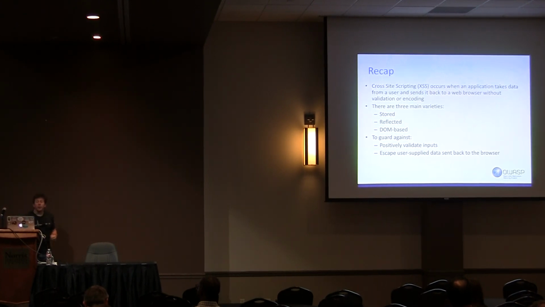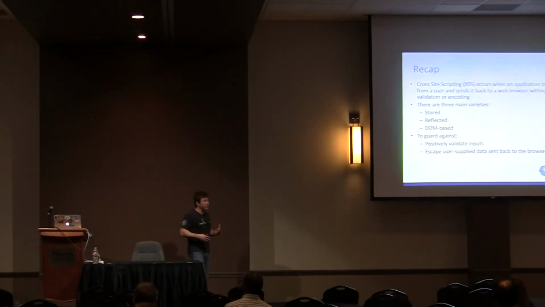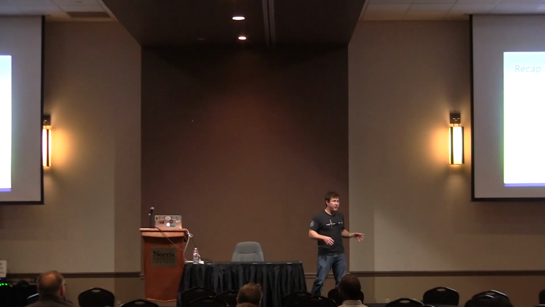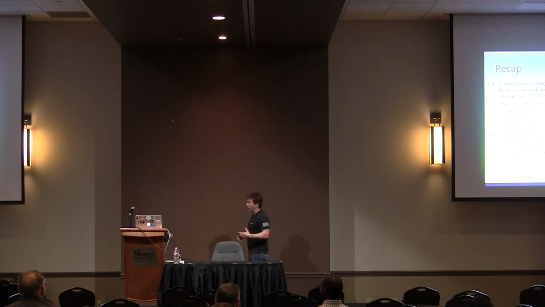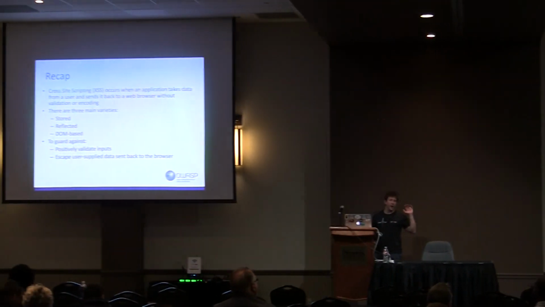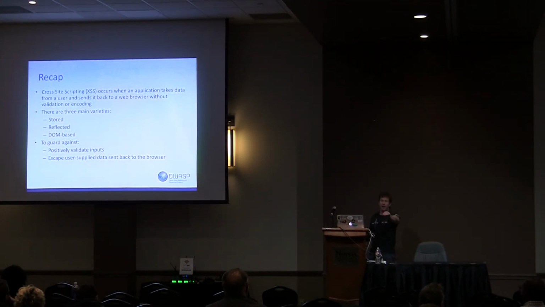Okay, so to recap, cross-site scripting occurs when an application takes data from a user, in this case a malicious user, and in some circumstances is going to send it back to a web browser without validation or encoding. The major classes that we see are stored cross-site scripting, right? Where at one point in time an attacker seeds something, probably a database, and at a later point in time someone renders a page that's going to pull that content out and view it.